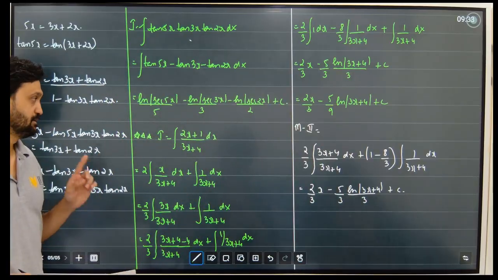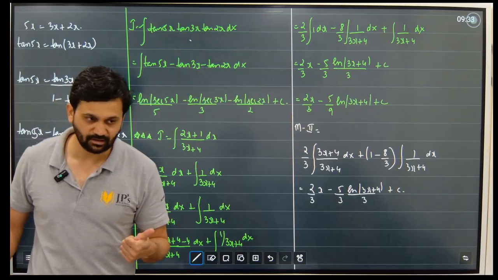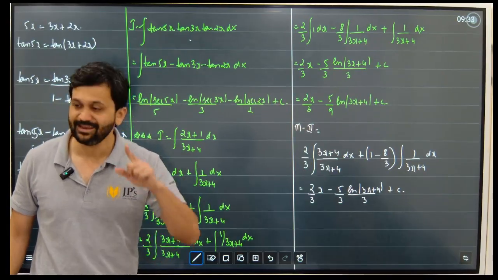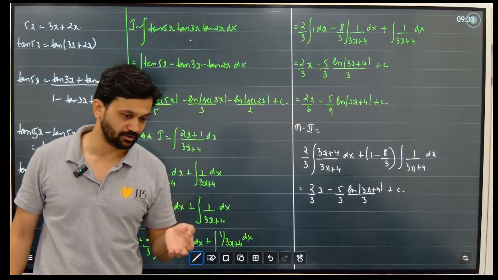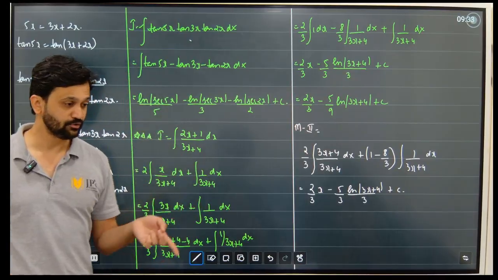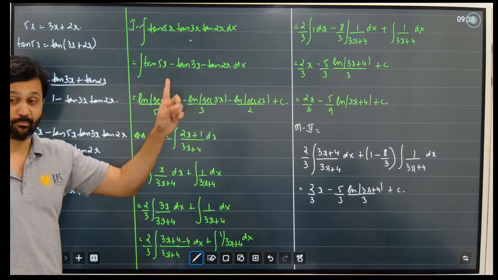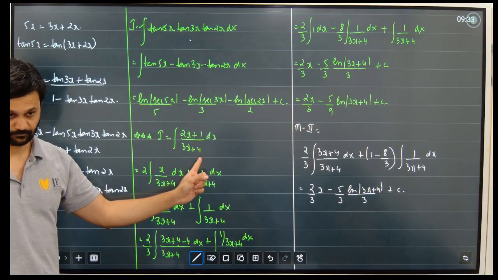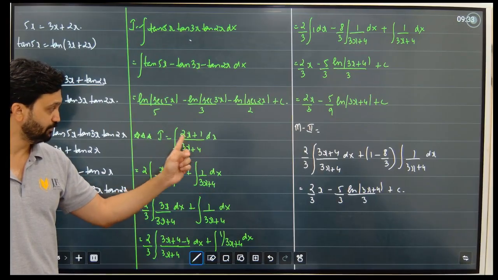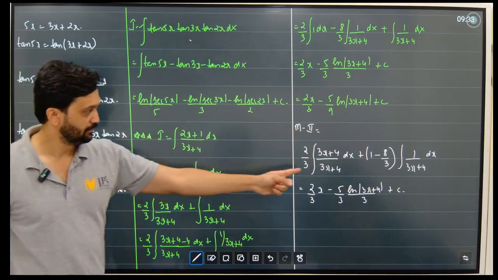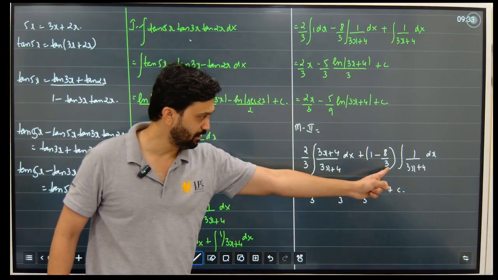So I repeat again. Step number 1, coefficient of x in the numerator upon coefficient of x in the denominator, integration denominator upon denominator. Plus the numerator constant minus the x value in the numerator multiplied by the constant of the denominator. Now 1 is used, 2 is used, 4 is used, 3 remains. Minus whatever you multiplied, upon 3.